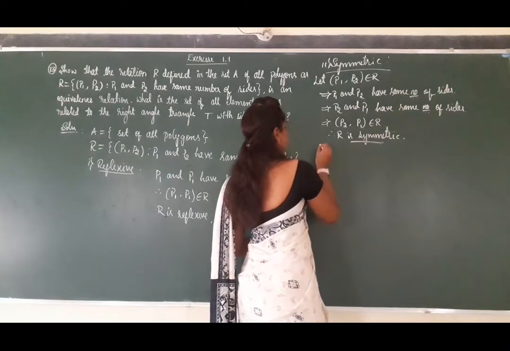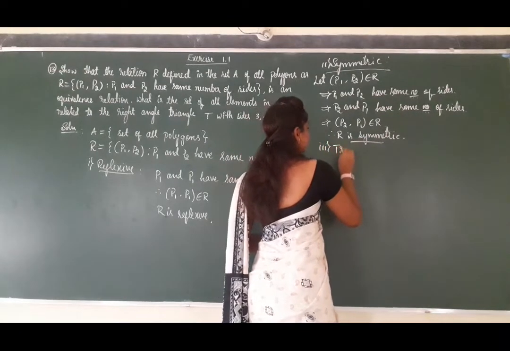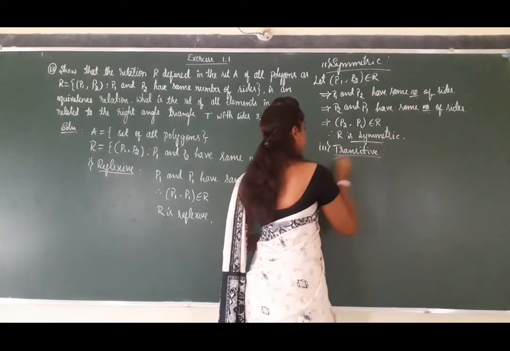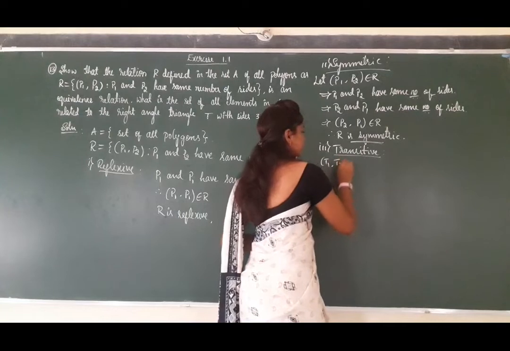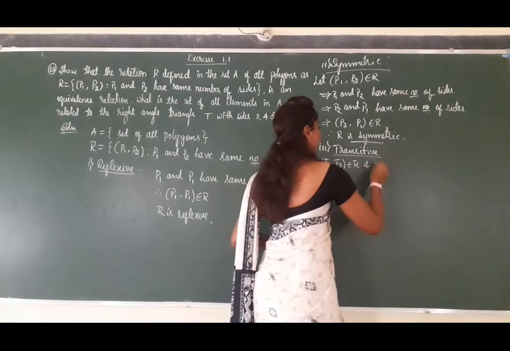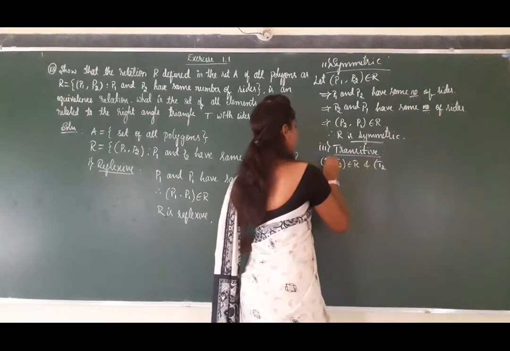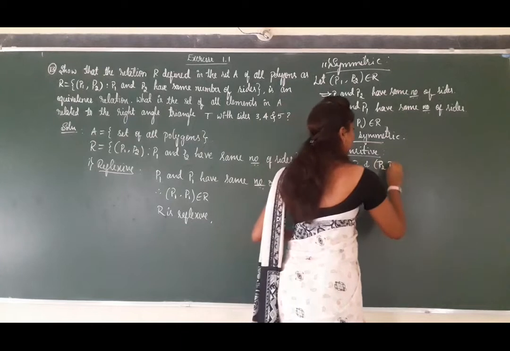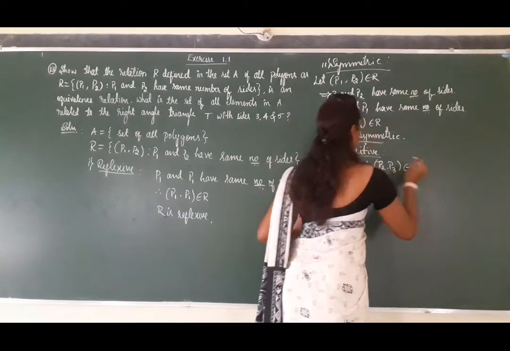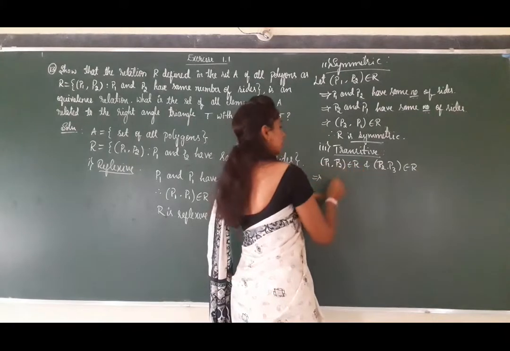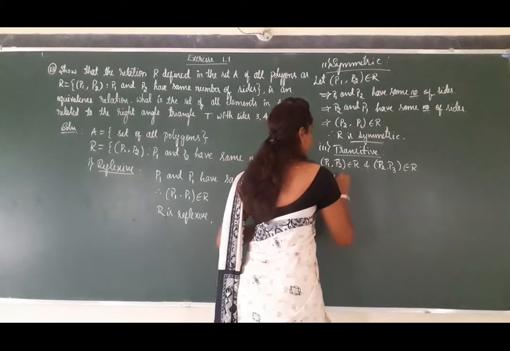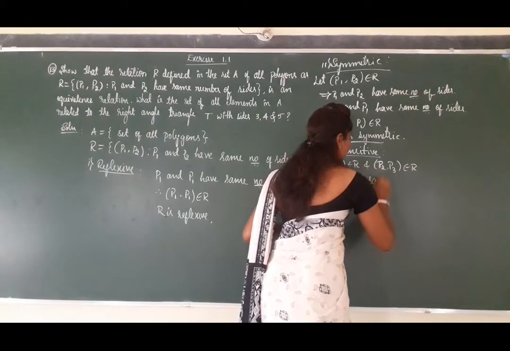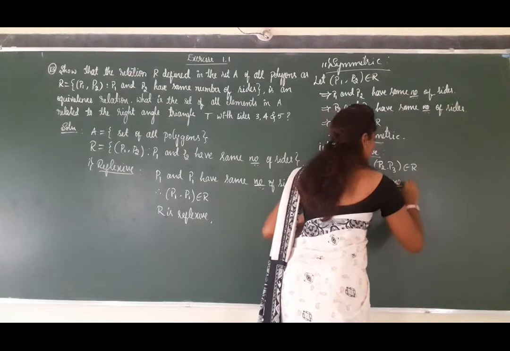And the third one, transitive. For transitive, take ordered pairs (P1, P2) belongs to R and (P2, P3) belongs to R. This implies (P1, P2) belongs to R means P1 and P2 have the same number of sides.